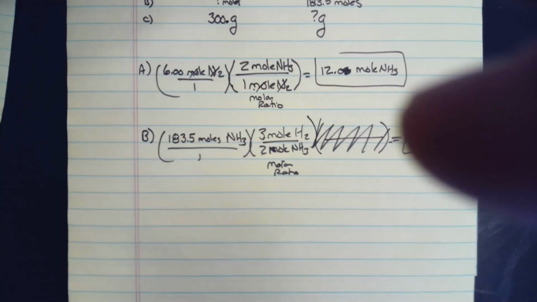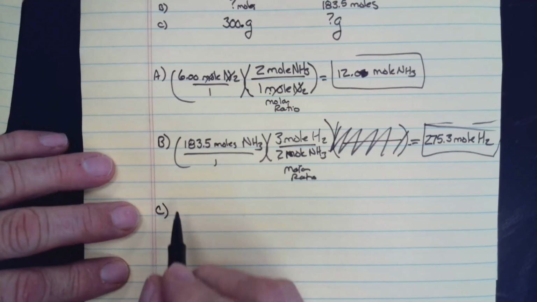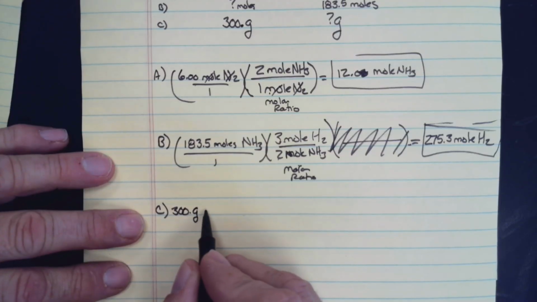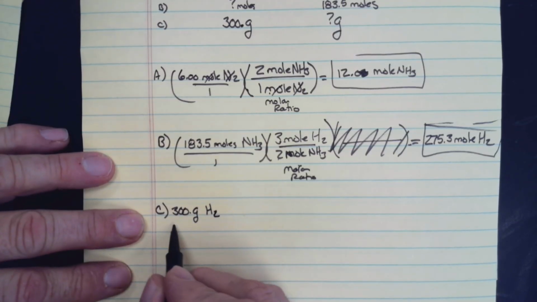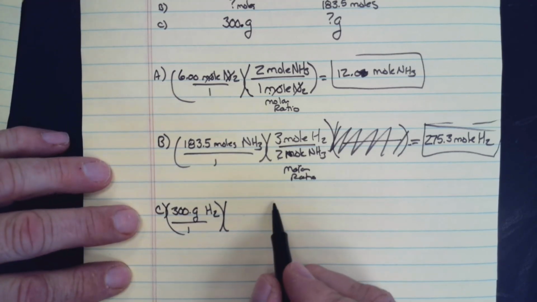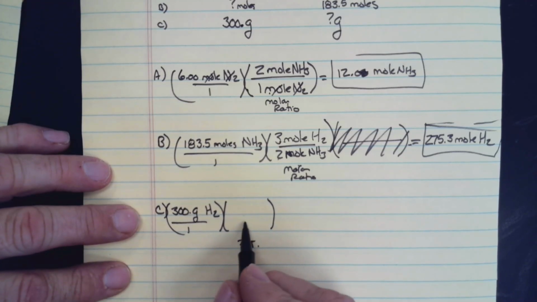Okay, my last problem, I'm going to have to do some more converting. I was given 300 grams of hydrogen. And I want to change it to moles, so I'm going to have to go to the periodic table to change from grams to moles.